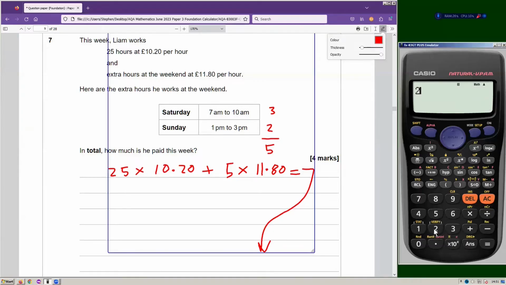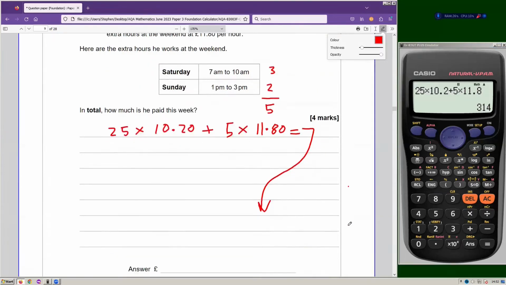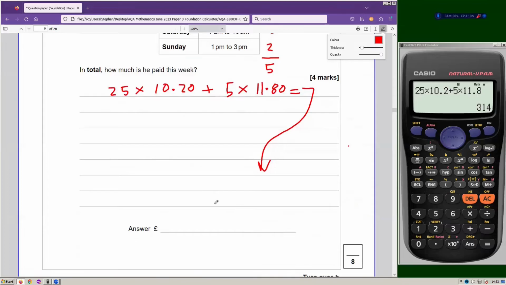Answer section: 25 times 10.2 plus 5 times 11.8, was that £314. Good. Not much nowadays.